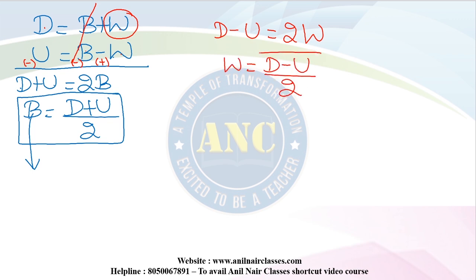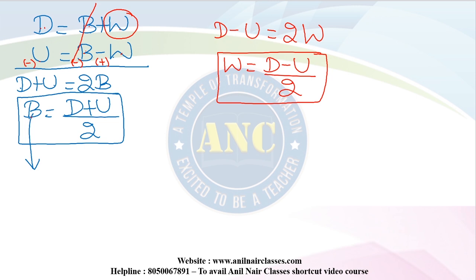So there are four very important equations that we need to know in this topic. I am very concerned about these four equations, and that is the reason I am taking a little extra time to explain them, because we keep on using these four equations in almost every problem we solve. So I repeat once again. Downstream speed is B plus W, upstream speed is B minus W. B is the speed of boat in still water, which is (D plus U) by 2, which I gave you the proof for also.